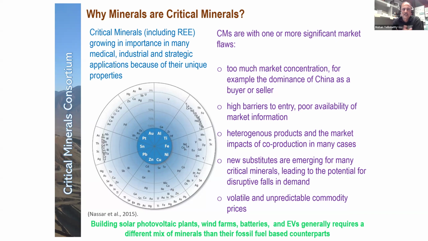And as you see in that circle, the wheel, the inner metals are the traditional metals that we know a lot of information about, their prices, their demand, their supply, where they are produced, how they are transitioning within a product.